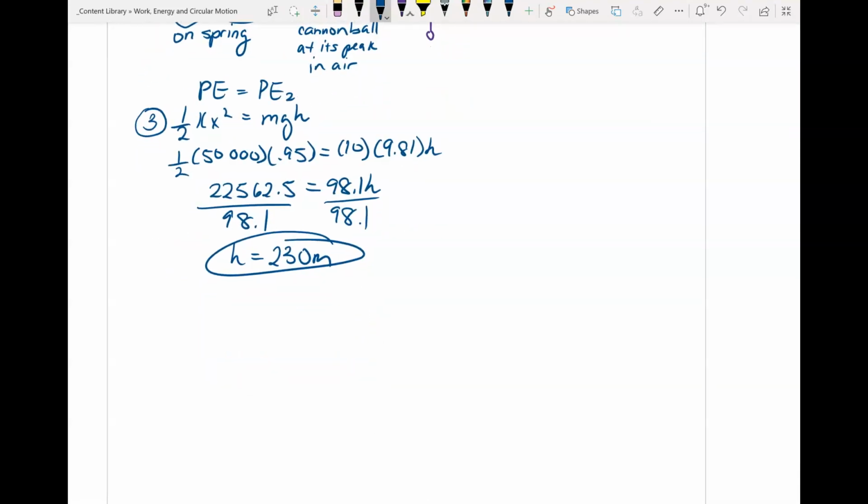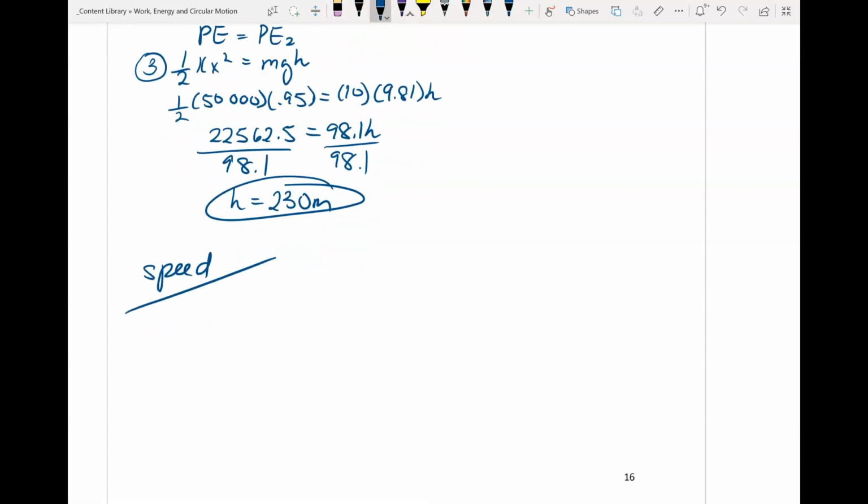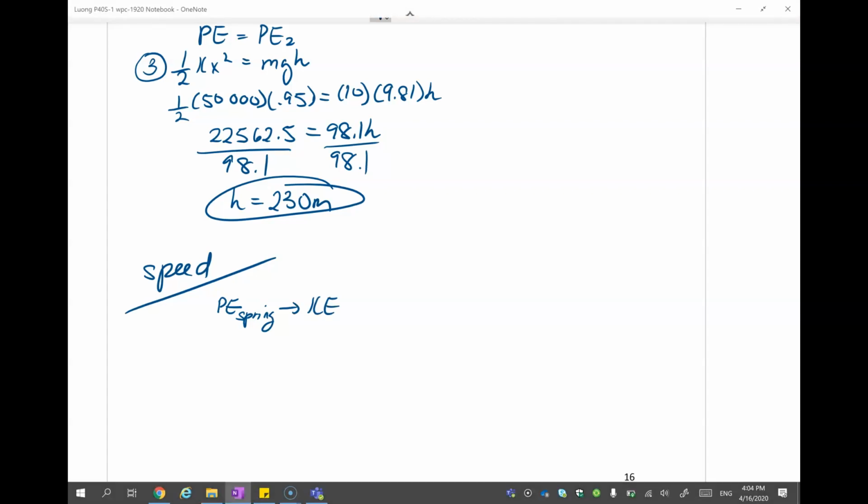Now the second part of our question is asking about the speed at which our cannonball is leaving the spring. So for our speed, our potential energy while it's on the spring is going to convert into kinetic energy, and this energy is conserved.